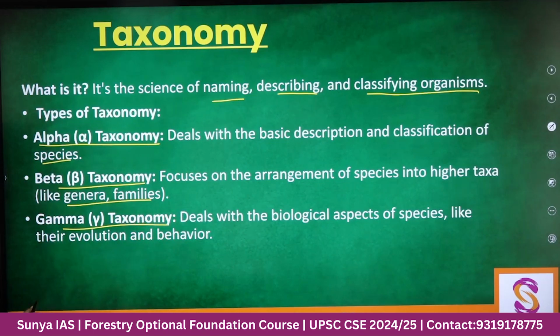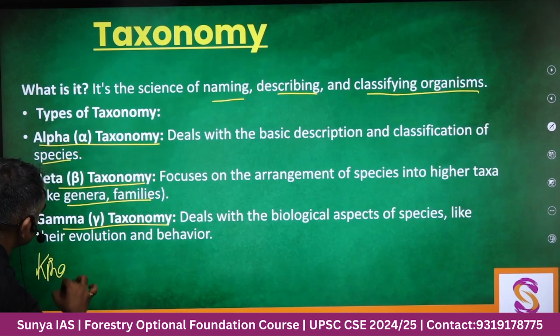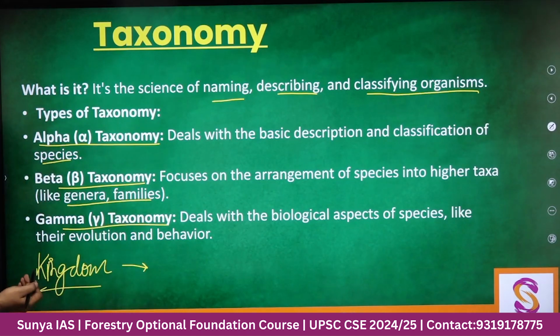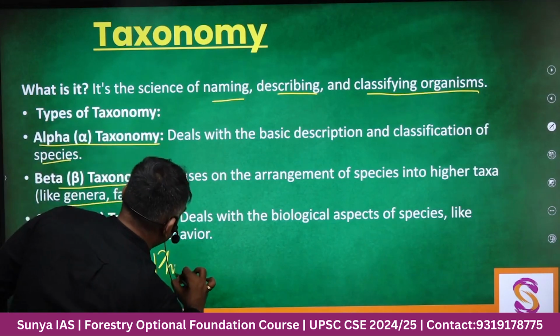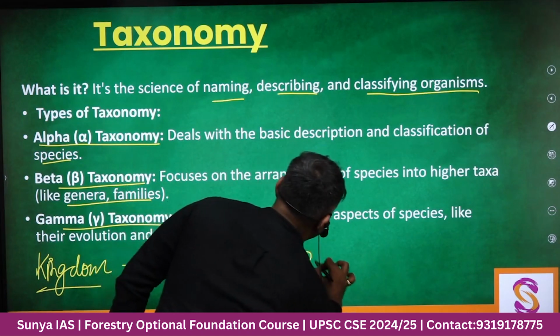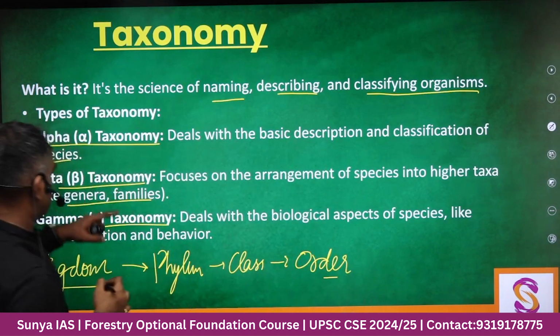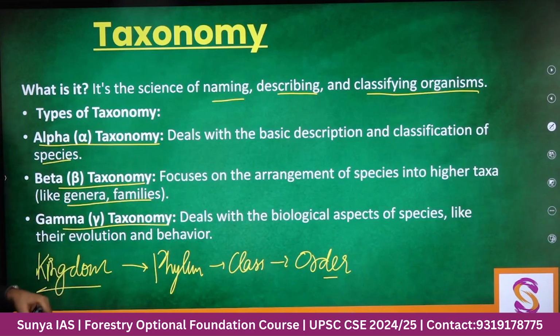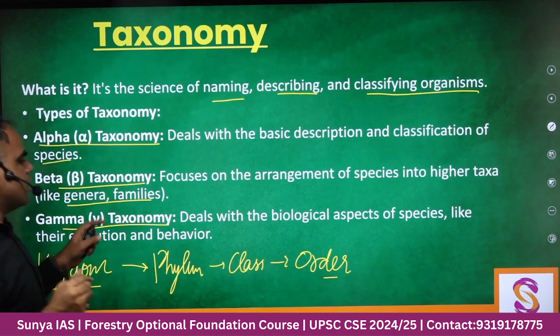Again, there is a rank of species. Basically you start with a kingdom. This will also become clear when I show you some diagrams. So you have a kingdom, you have phylum, you have a class. Then you have an order. And then finally you move on to the family, genera, and then species.